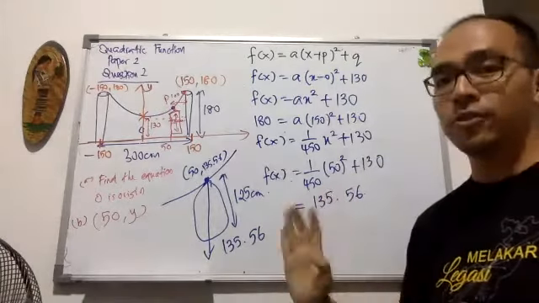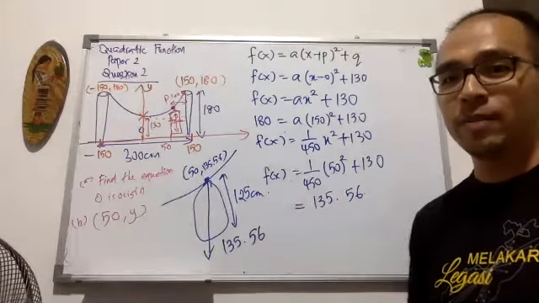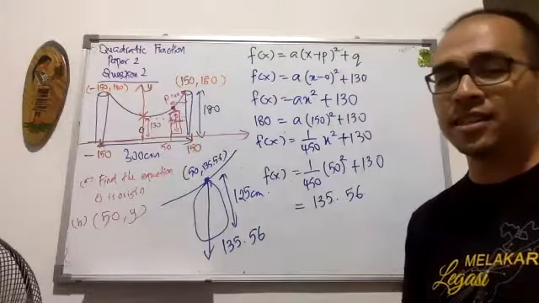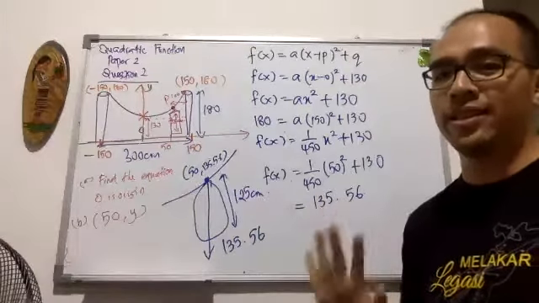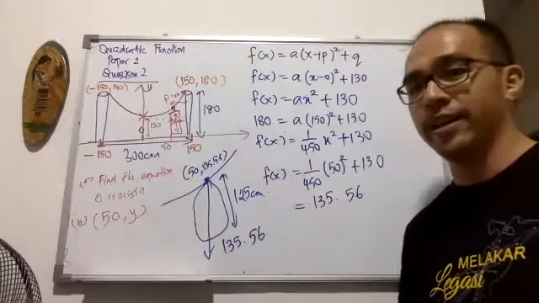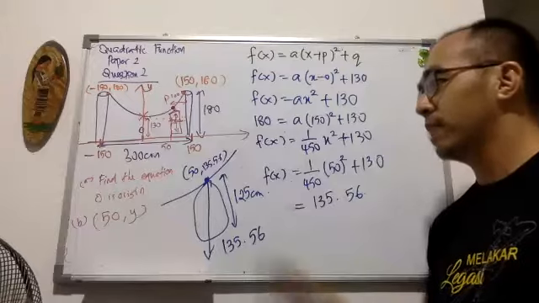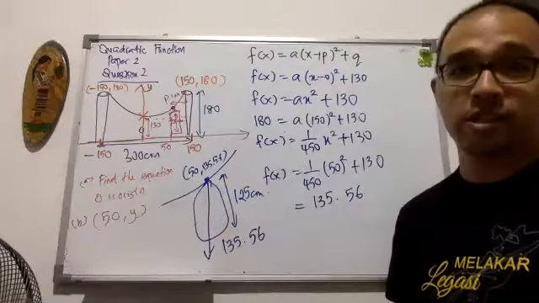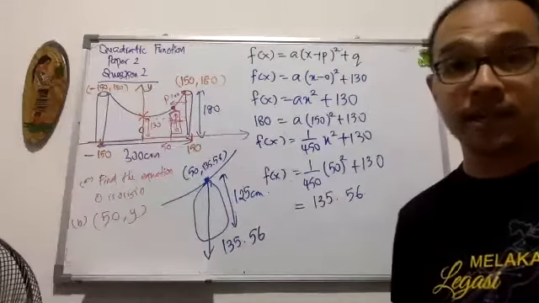According to the math. Some of you are writing, what about the string's elasticity? Cool it, this is maths. We leave the physics for another day. But mathematically, it won't touch the ground. That's the answer.